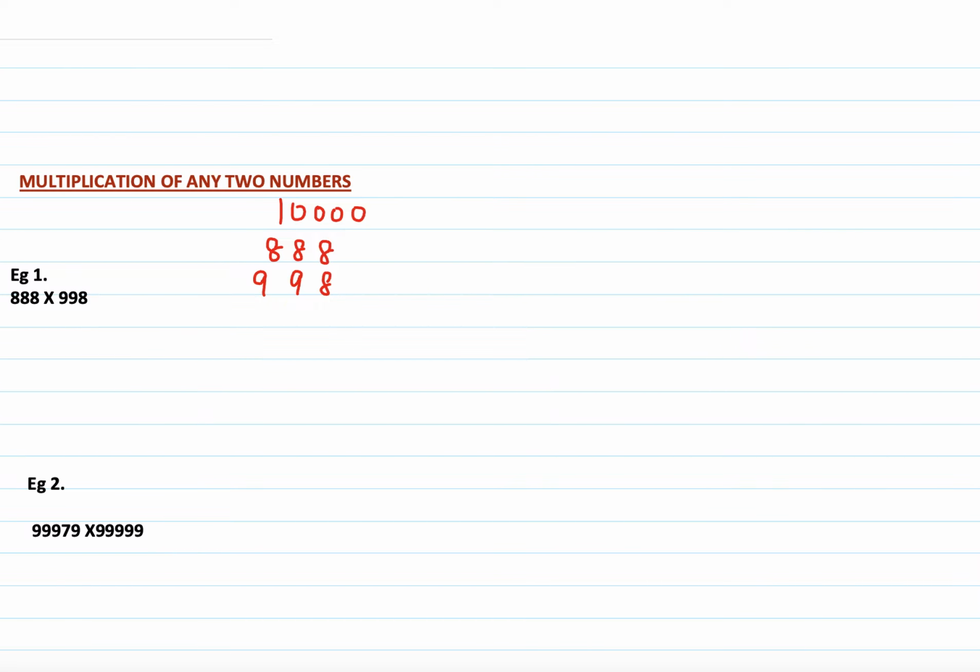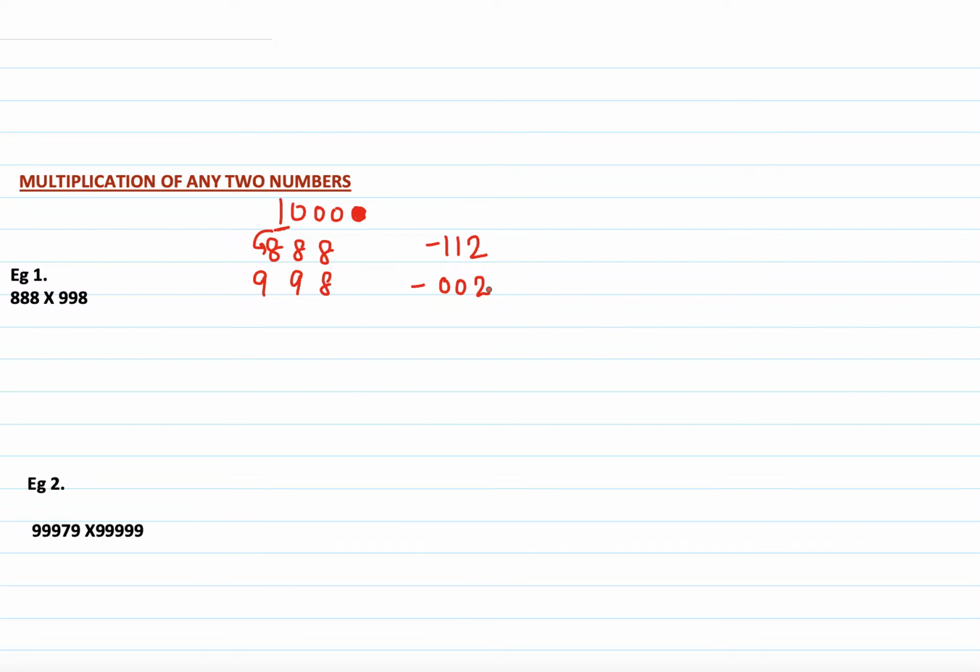Now you have to find the difference between the base and each number. The difference between 1000 and 888 will be minus 112, and the difference between 998 and 1000 is 2, but we will write it in 3-digit form only.